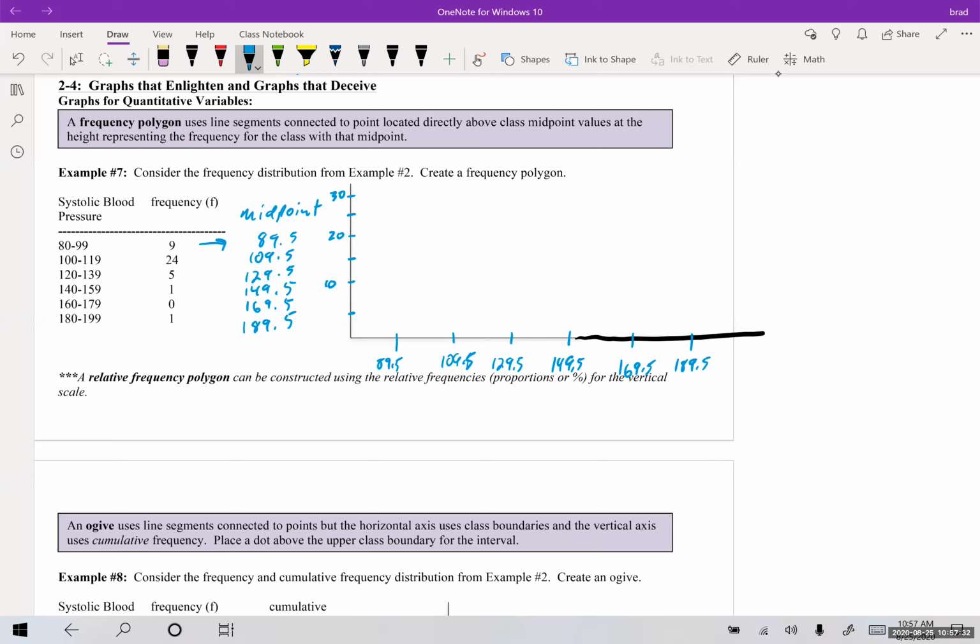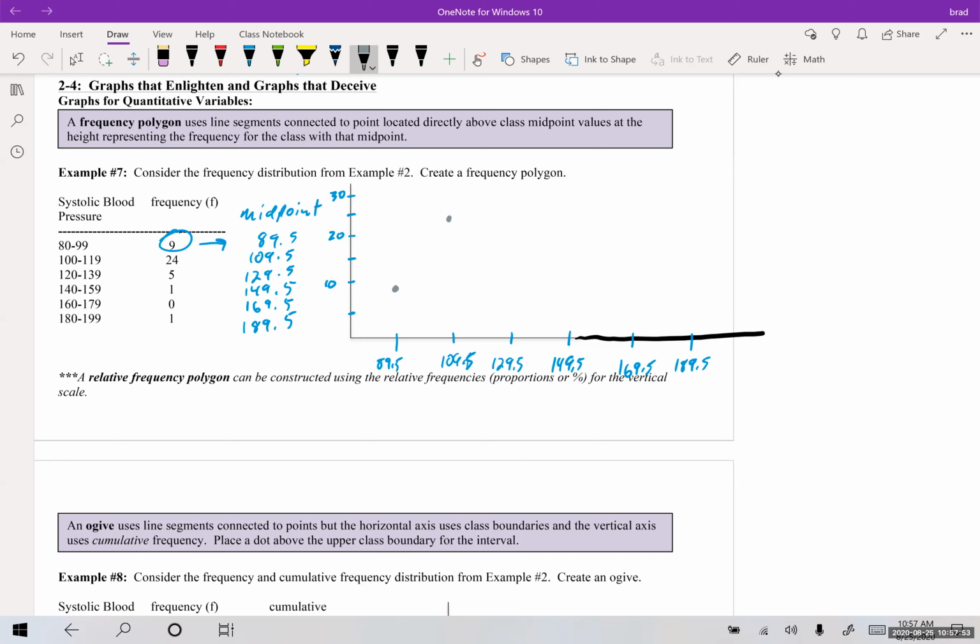Okay, so for 89.5, we have 9. I'll do it in a different color. That'll be right about here. So that's about 9. Let's do 24 for 109.5. That'll be right about here.